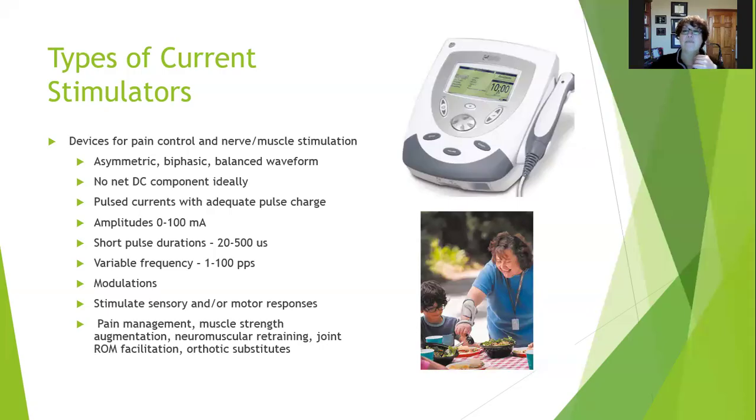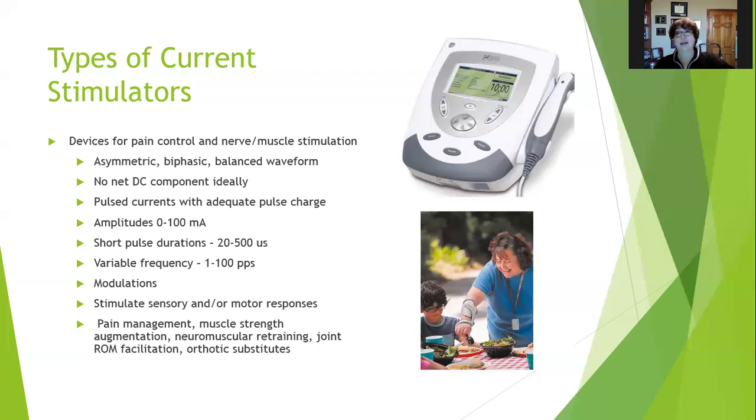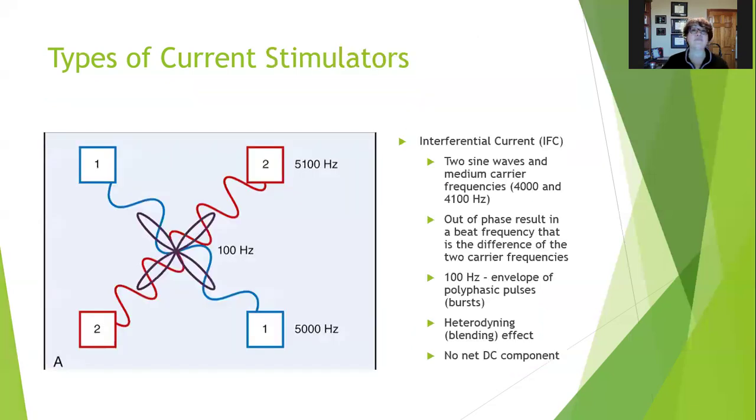In the lower picture here, the woman has an electric orthotic substitute that is stimulating wrist extension to counteract a flexion contracture. So all sorts of cool things out there, all sorts of cool devices. Obviously, that's an application-specific device.